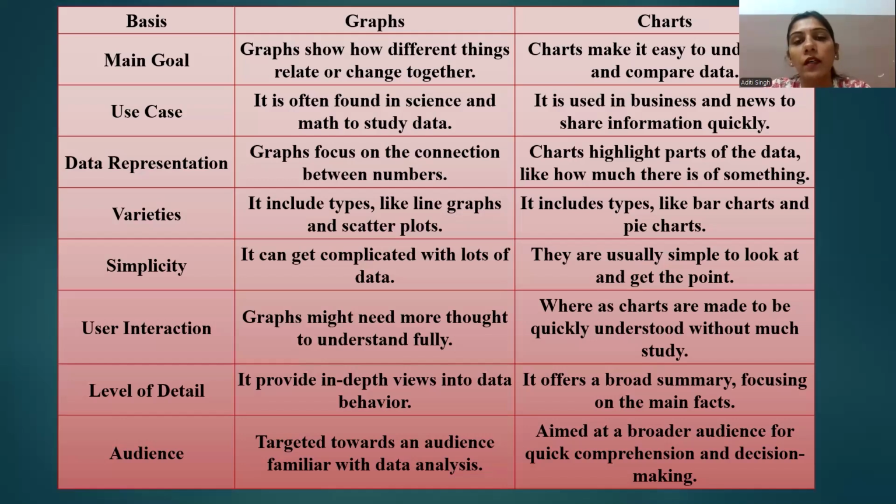Simplicity: graphs are very complex with lots of data or a large data set, whereas charts are very simple to look at, or easy to make with a large data set.